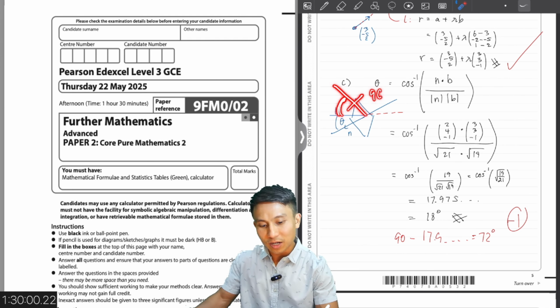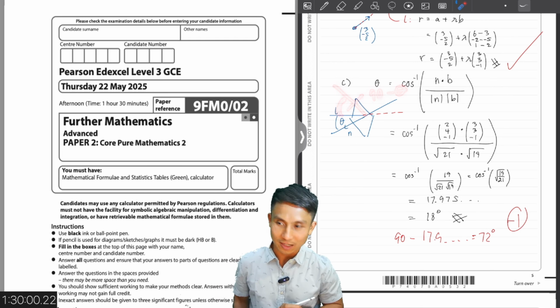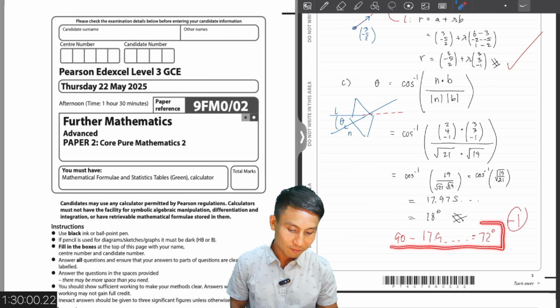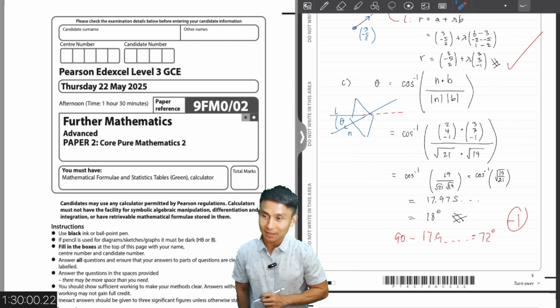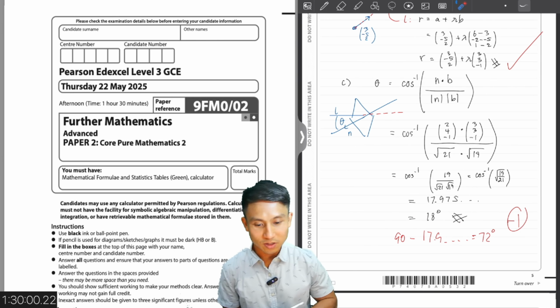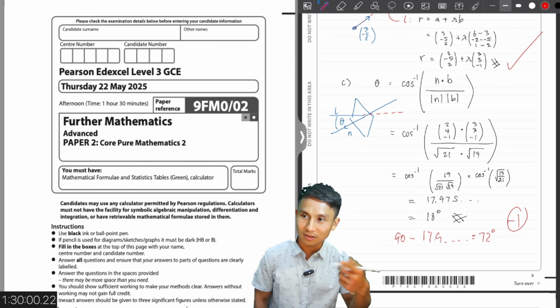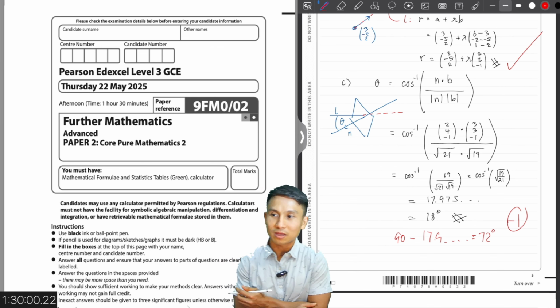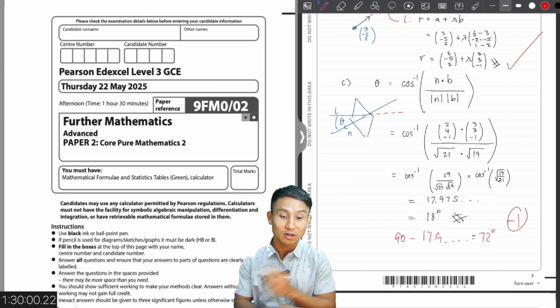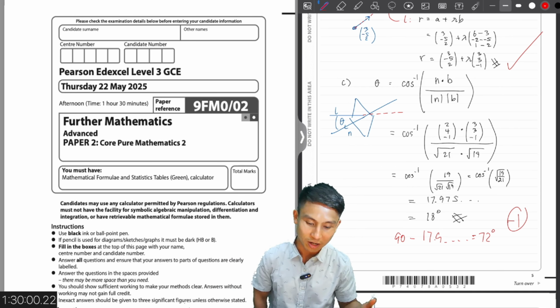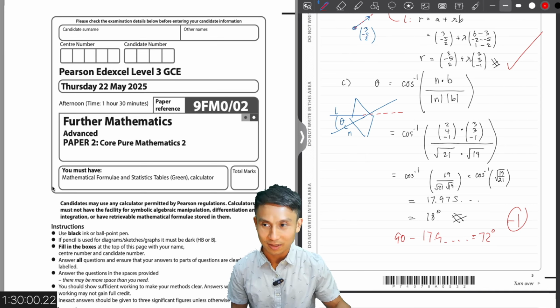So you have to do 90 minus theta to get that angle. That's what I didn't do, so I lost 1 mark there. But I got the dot product there, so there's a method mark. Just that I didn't do the last bit, which is to just subtract from 90 to get the actual answer there. All right.